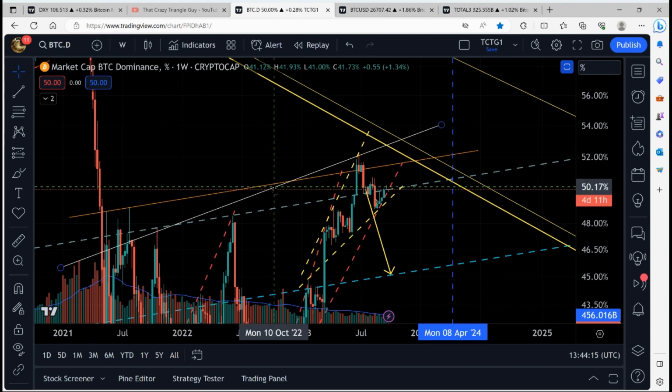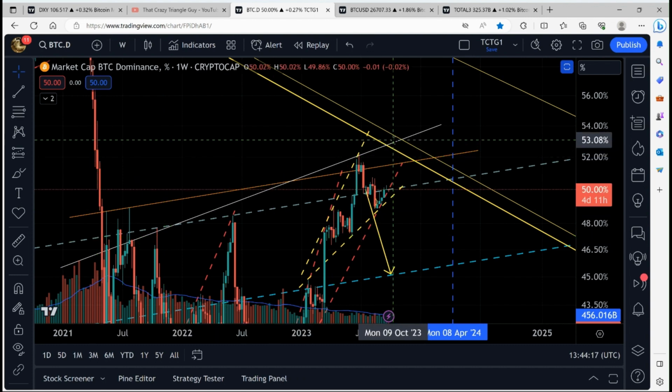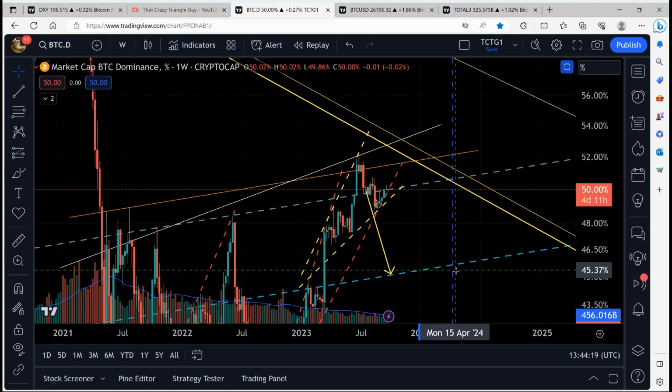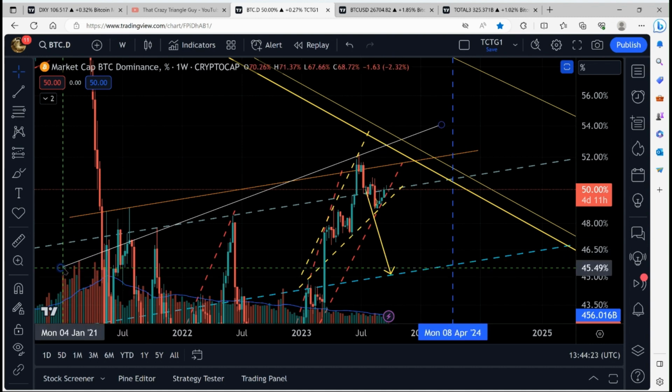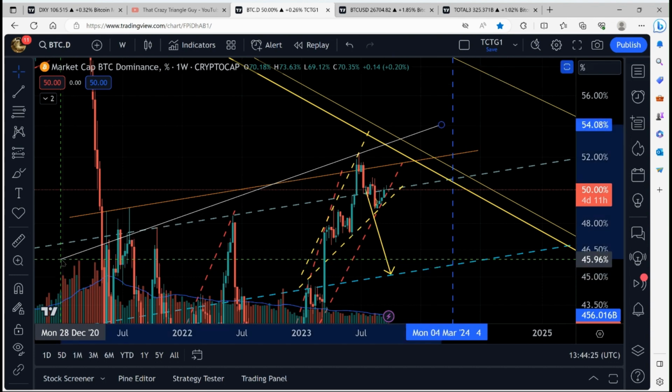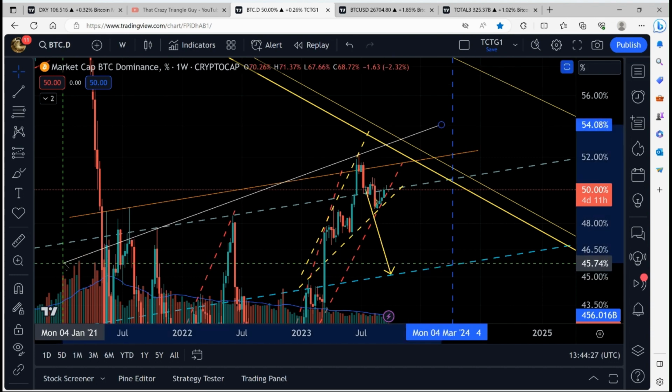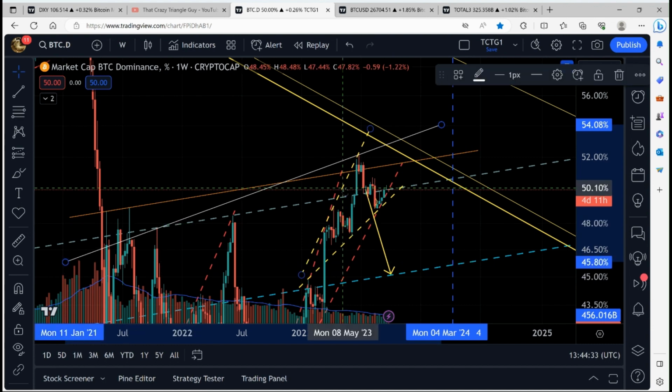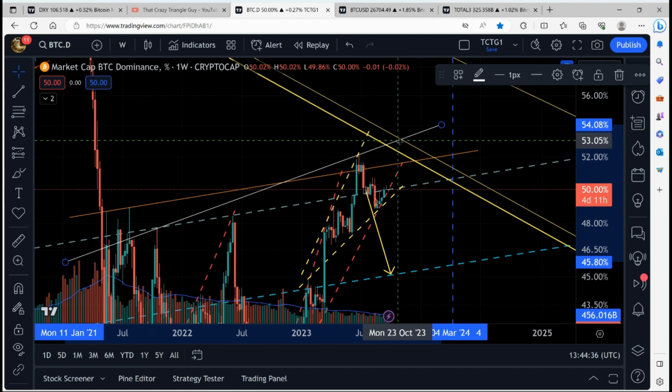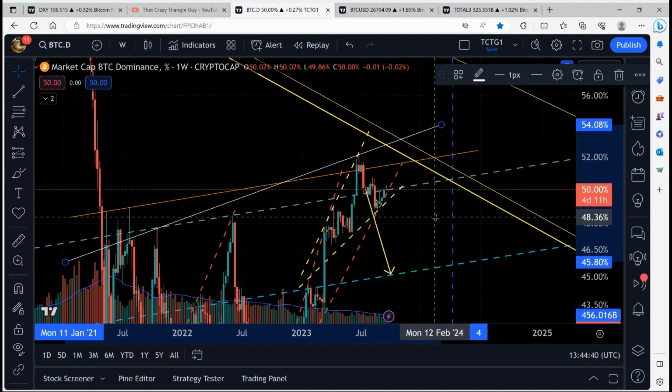Anyway, we could lift this up a little bit. Doesn't change much. I'm not sure if I moved that accidentally or what happened. Anyway, yeah, up here around 53%, and then spilling out as altcoins catch up.